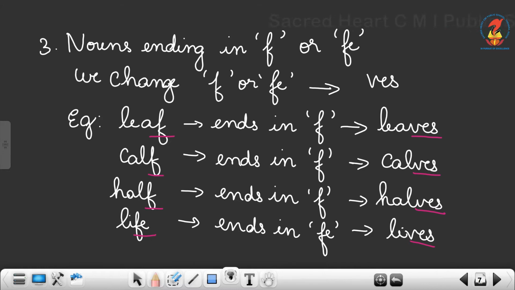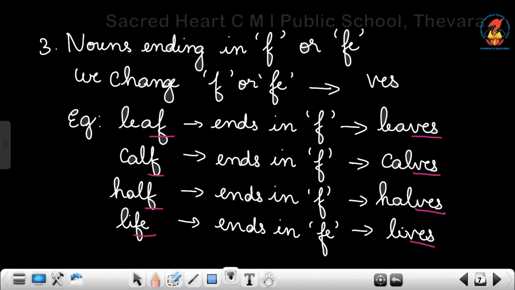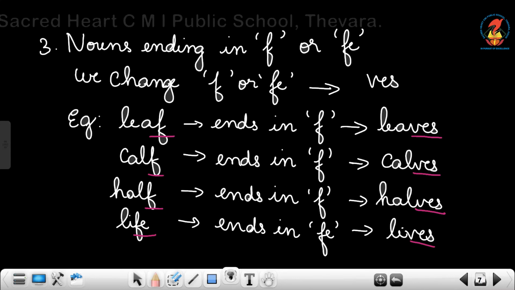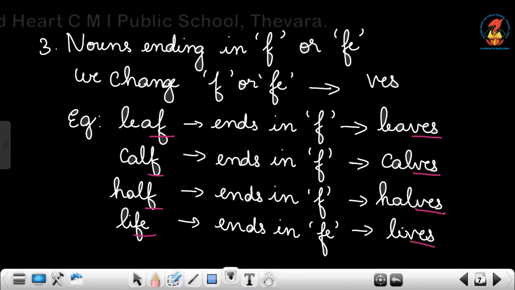So, leaf is a singular form, right? To make it the plural form, what do we have to do? We have to cut this f and write ves. So, leaf will be changed to leaves, where we omit f and add ves to the word to make it plural.